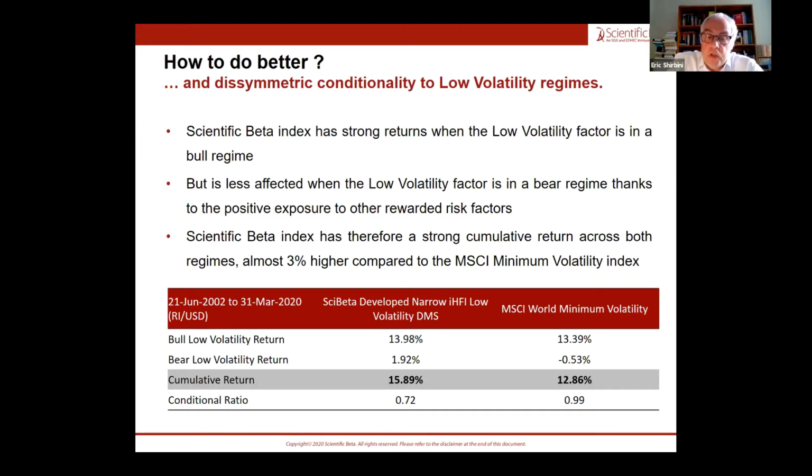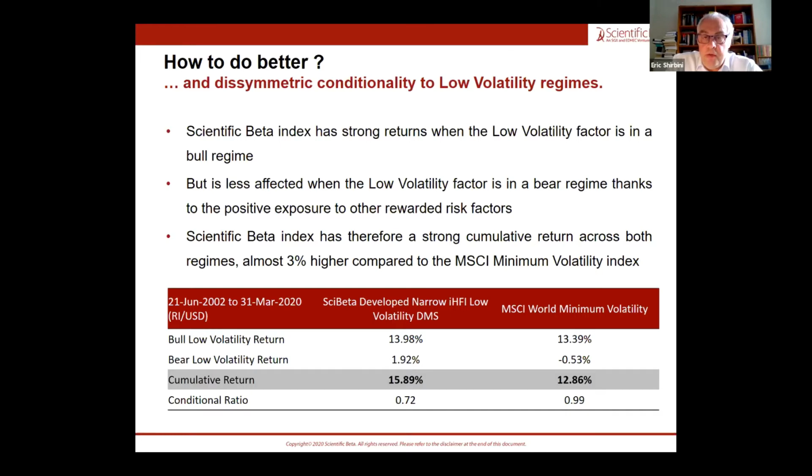So overall, we end up with returns which are about 3% better across bull and bear market returns, when the low volatility factor is and isn't doing well, and we end up with a better conditional ratio because there isn't as much difference in the returns between the bull low volatility return and the bear volatility return.